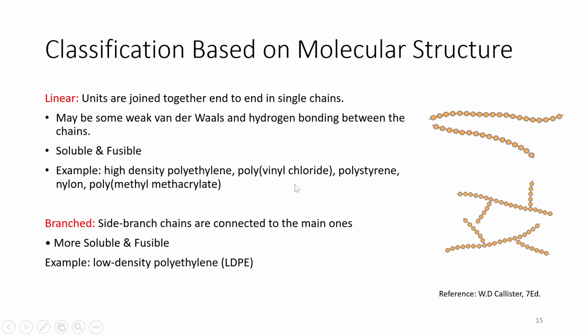Other examples are PVC, polyvinyl chloride, polystyrene, nylon, polymethyl methacrylate. In case of branched, you have side branch chains which are connected to the main ones. These are more soluble and fusible, and examples include low density polyethylene.